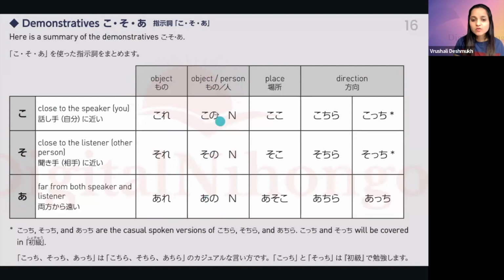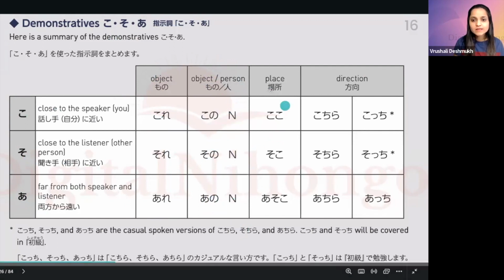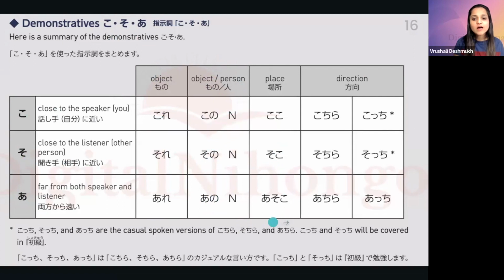If you remember, kono, sono, ano are the demonstratives which are always used with a noun. Then for place, it's going to be koko, soko, asoko. And direction is kochira, sochira, achira. Sometimes place in a formal context is also kochira, sochira or achira.